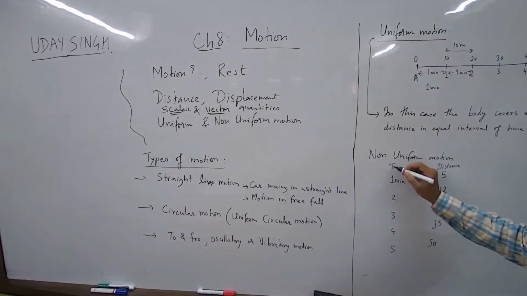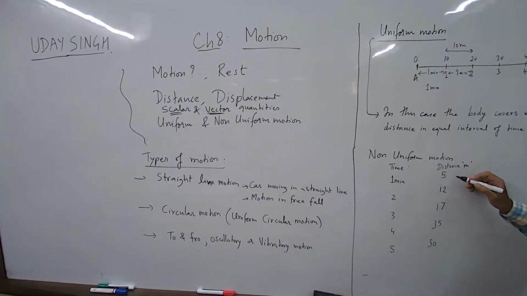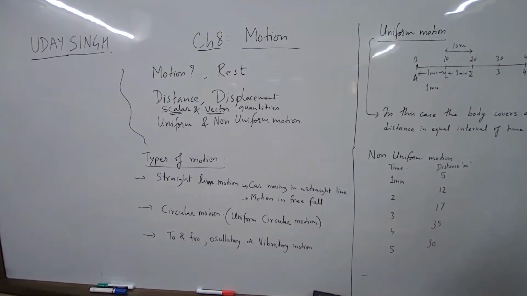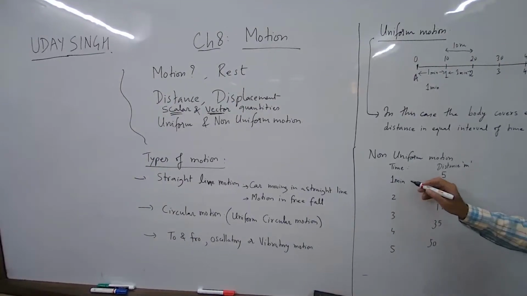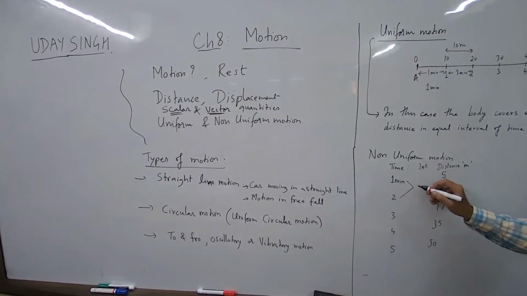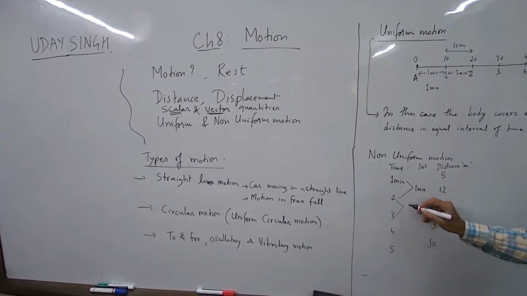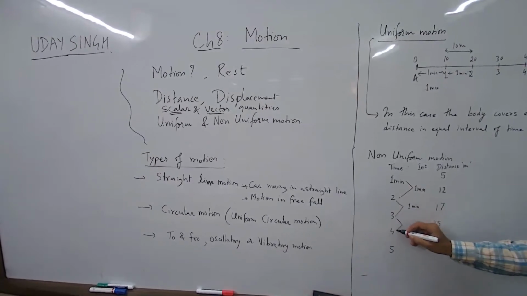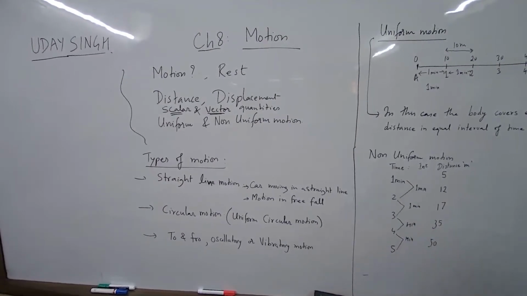Okay, this is time and distance in meters. So in the first minute, the body travels 5 meters. By the end of the second minute, it reaches 12. So what is the time interval? Let's write the interval. The interval is 1 minute. So all the time intervals are how much? 1 minute. Now in the first minute, it is 5.